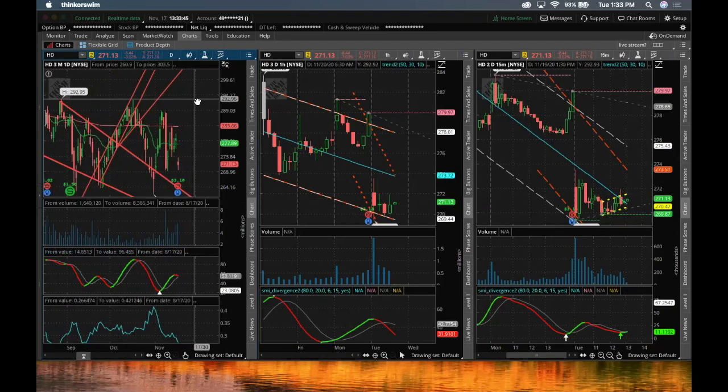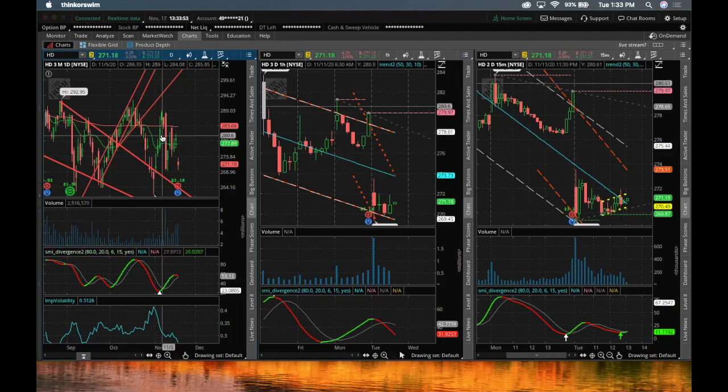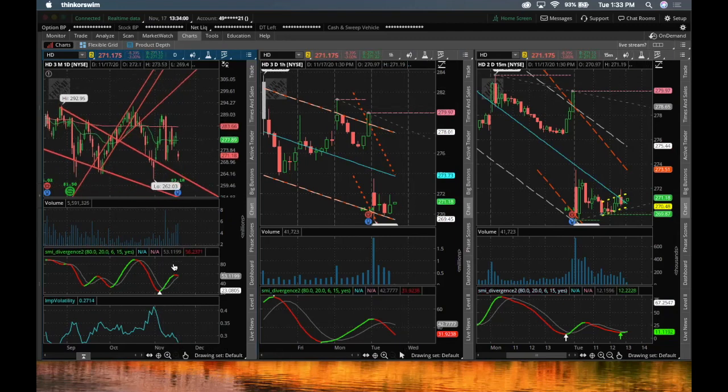One thing that a lot of people like to do is they like to have these kinds of moving averages based around the 50 and the 200, or what most people see as a golden cross. So this wouldn't be any different.